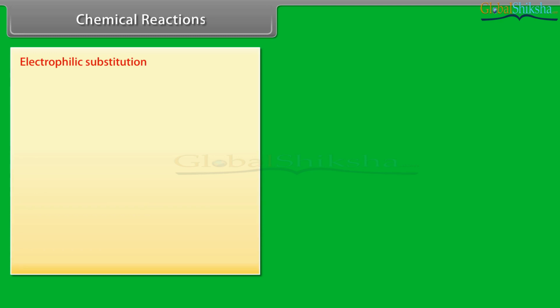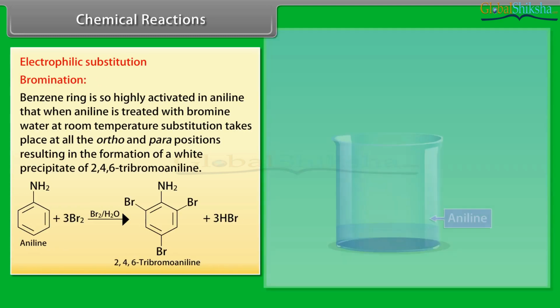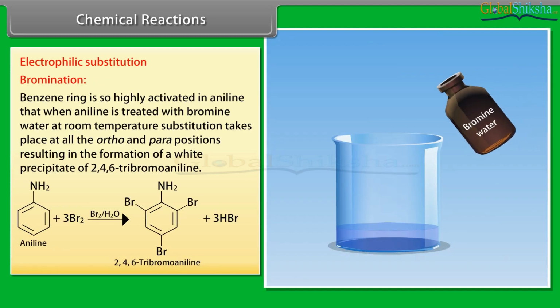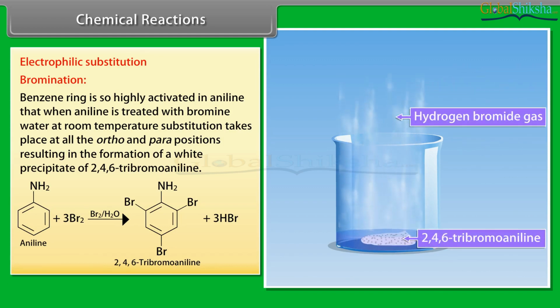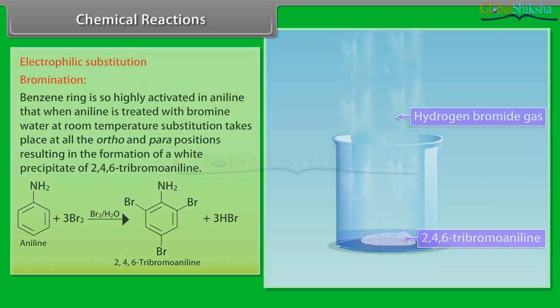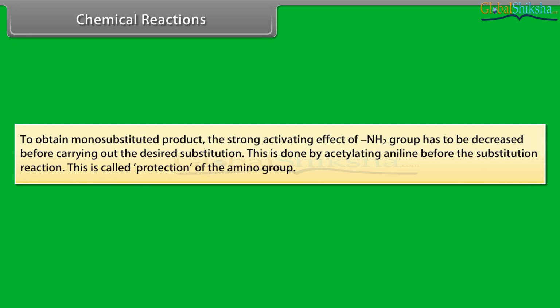Electrophilic substitution. Bromination. The benzene ring is so highly activated in aniline that when aniline is treated with bromine water at room temperature, substitution takes place at all the ortho and para positions, resulting in the formation of a white precipitate of 2,4,6-tribromoaniline. To obtain a mono-substituted product, the strong activating effect of the NH2 group has to be decreased before carrying out the desired substitution.